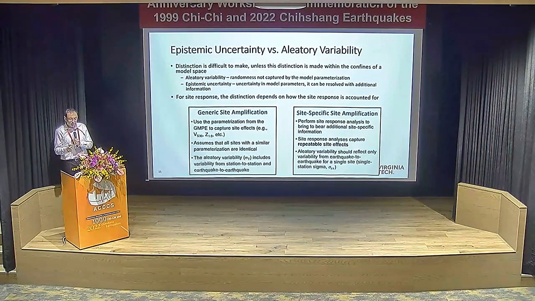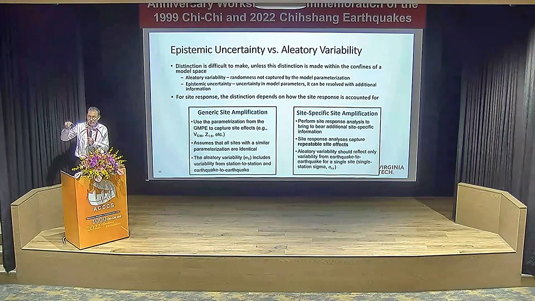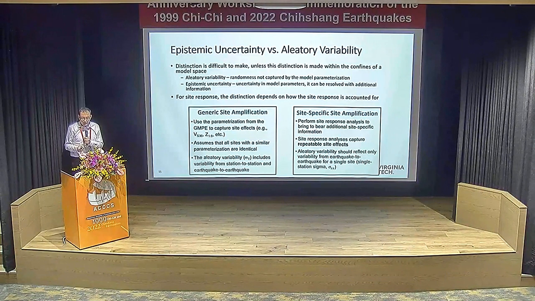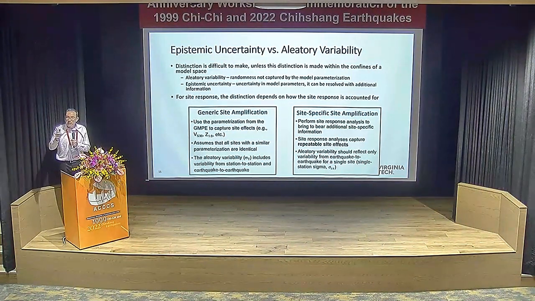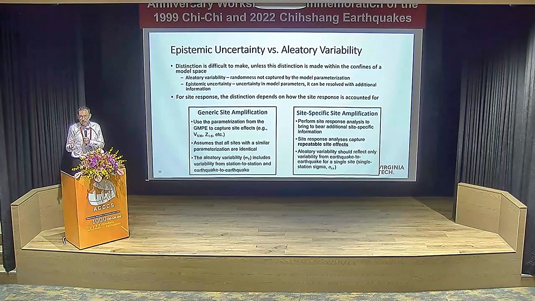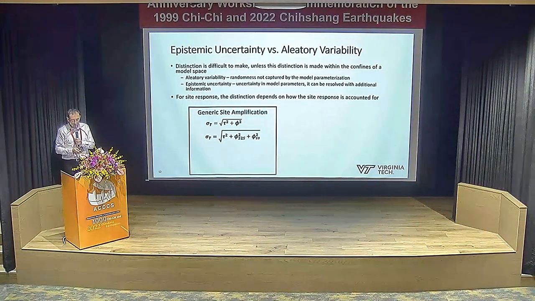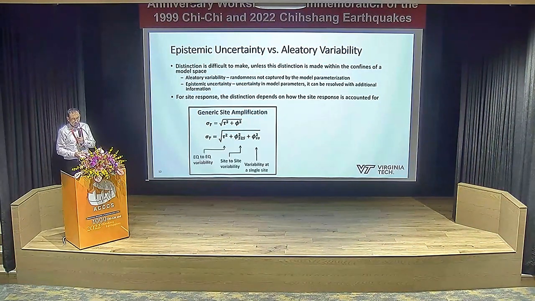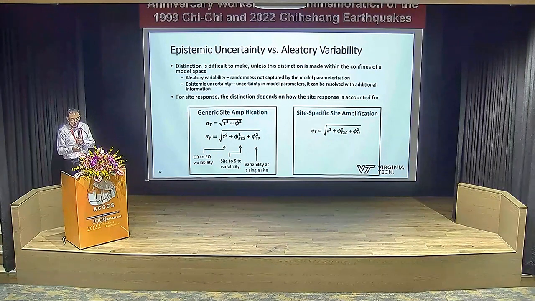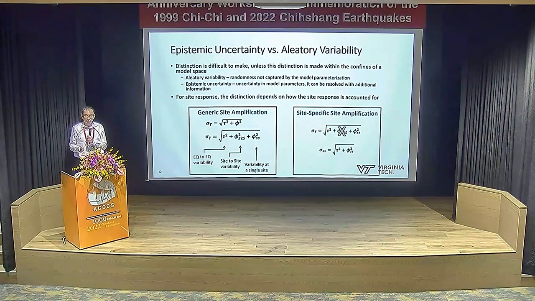And the aleatory variability then, because you're already capturing the particular behavior of that station, should not account for spatial differences in amplification between stations. So if we put this in terms of the aleatory variability, we have what's called a total sigma that includes a site-to-site variability, whereas when we do site-specific amplification, that site-to-site variability isn't there, and we end up with a single station sigma.